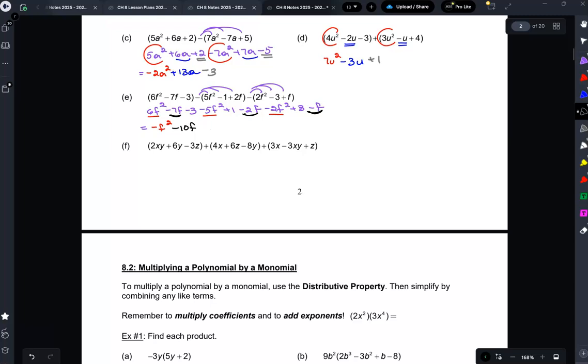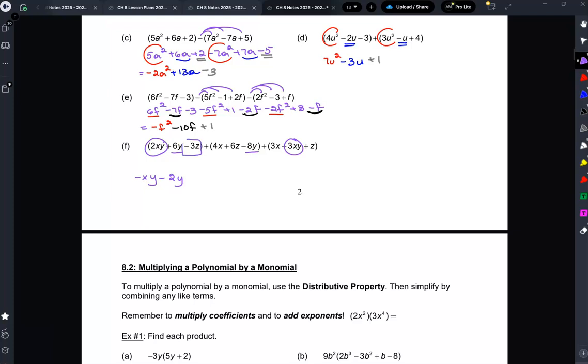Okay, so now go ahead and do the next one quickly. Go. Yeah. So first I have 2xy minus 3xy, so that's negative xy. And then 6y minus 8y is negative 2y.